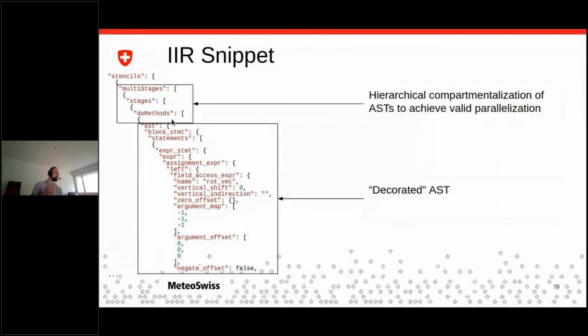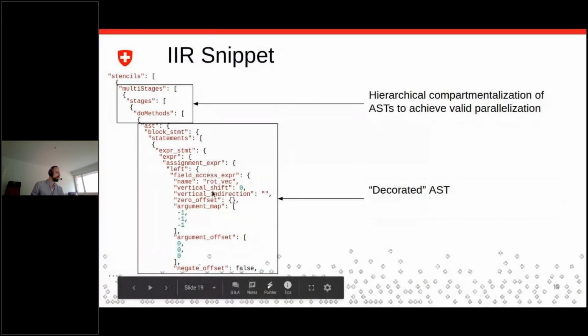There's a hierarchy of different parallelization aspects, and then optimization passes can work with that and do these transformations depending on what they want to optimize for. And this IIR is very decorated. There's a lot more information in there from analysis passes that the optimization passes can then utilize to make good optimizations.